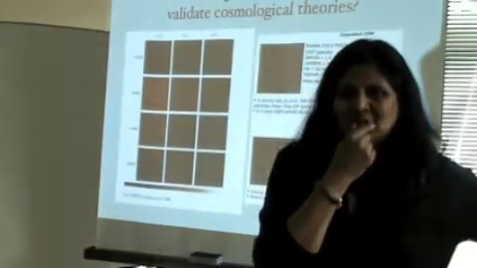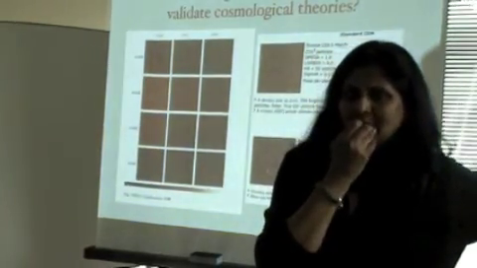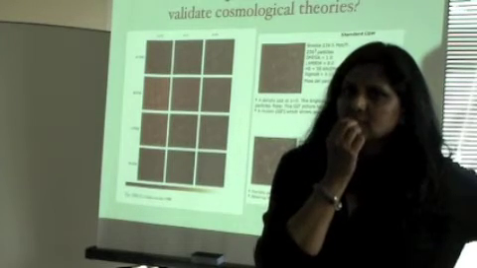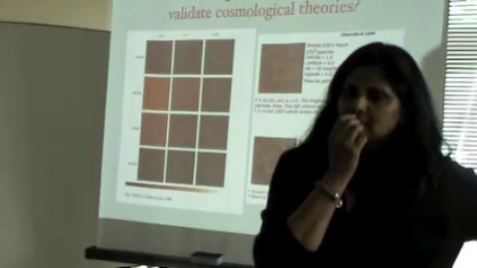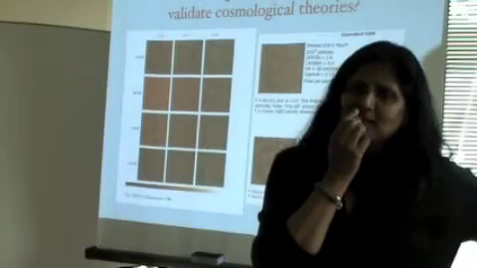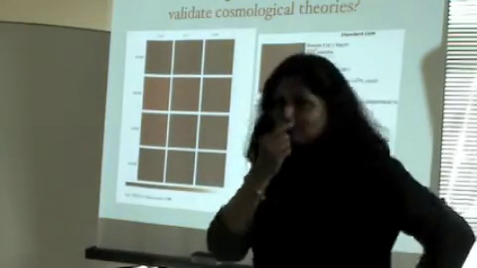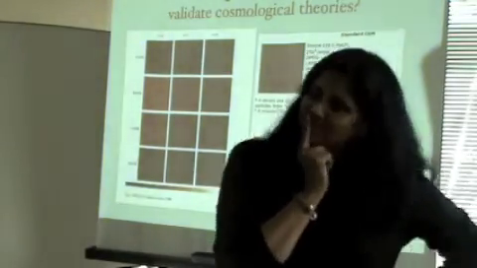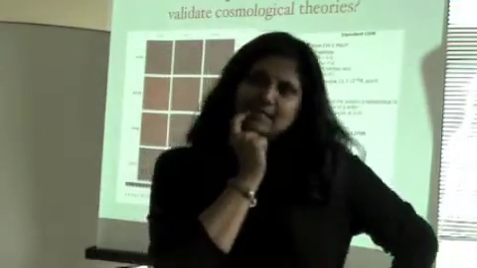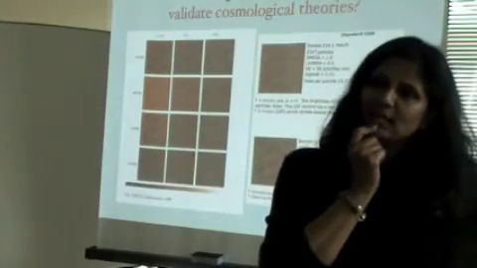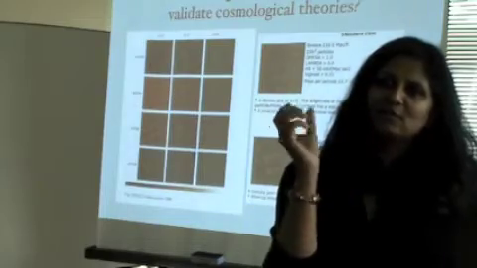Yeah? Wait, you keep talking about the worry about the relationship between matter and light. It seems like you could use your results to then test. Yes, we have. Because you're getting an independent distribution of dark matter, and then you can see what the light distribution is. So you should be able to nail it down that way. Right, so what we have nailed down is that relationship in that particular environment of a cluster.